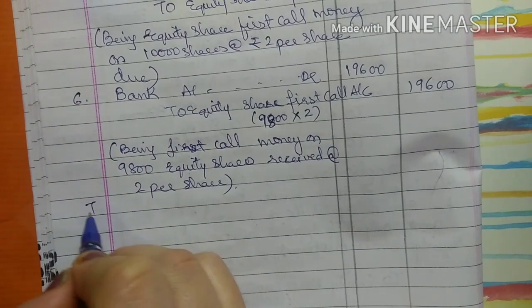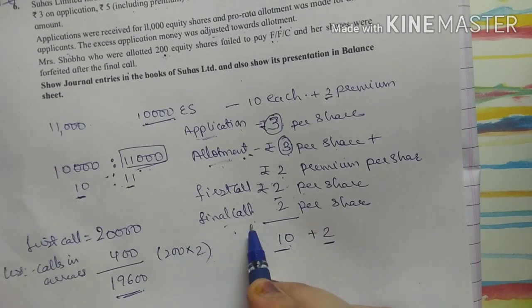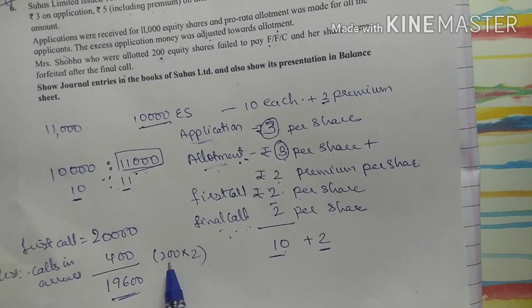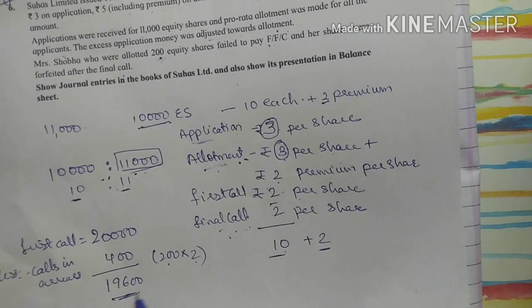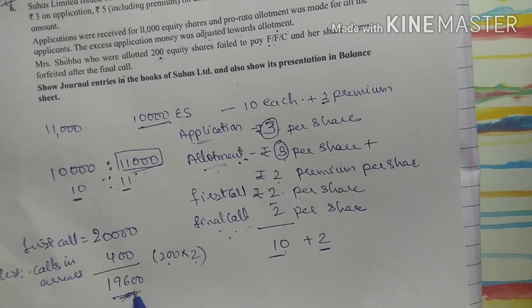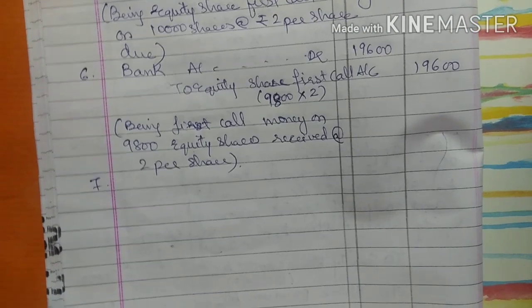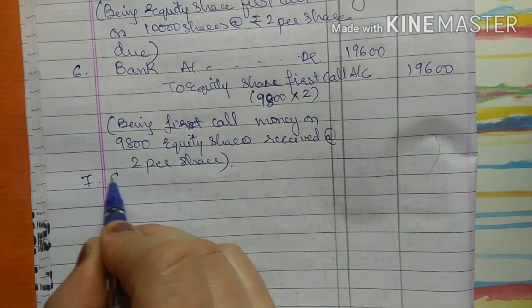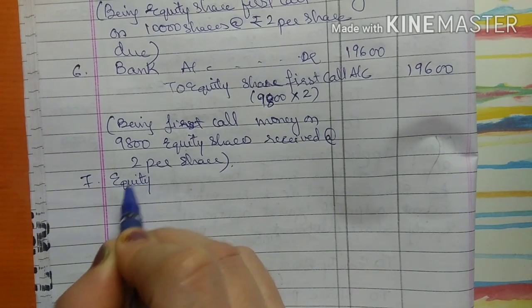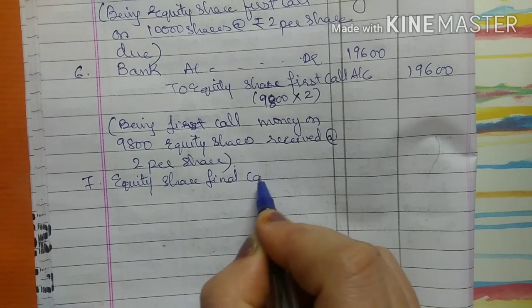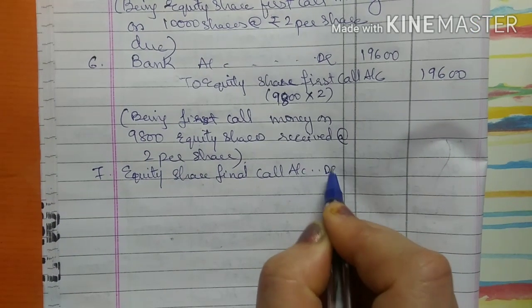Okay, now the last stage. Now see, the last stage is the final call. Again in final call, Shobha has not paid and she is holding 200 shares. So again same amount will come in the final call, right? So first entry for making the final call due. So equity share final call account debit, right?